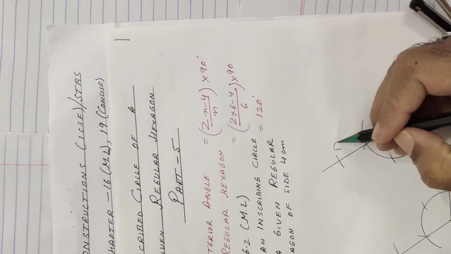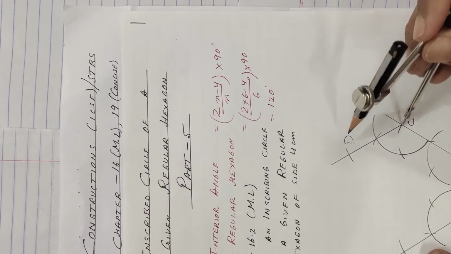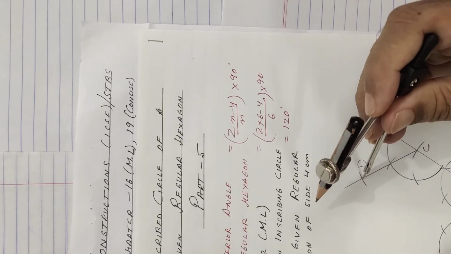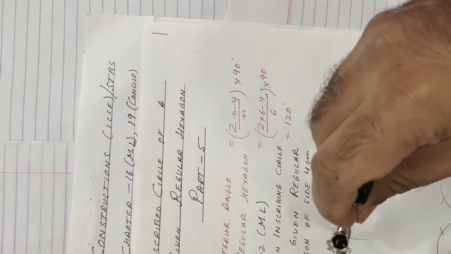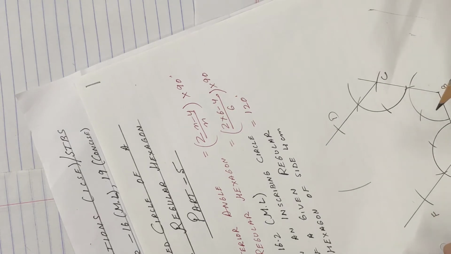Now see the last part, children. We got D. So at D, again we cut 4 centimeters.